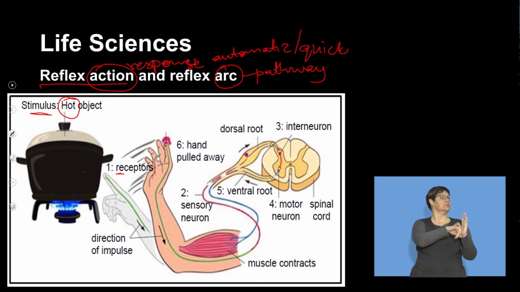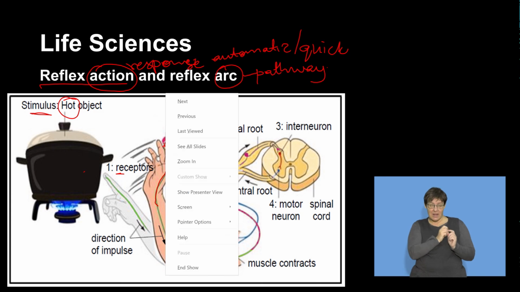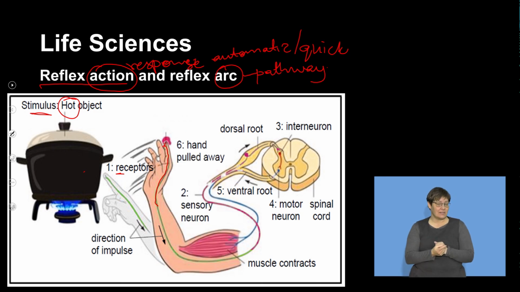The impulse will be carried by, remember what type of neuron carries this impulse from the sensory organs? That will be your sensory neuron, and the direction is to the spinal cord. Then what is going to happen when the sensory neuron transmits that impulse?